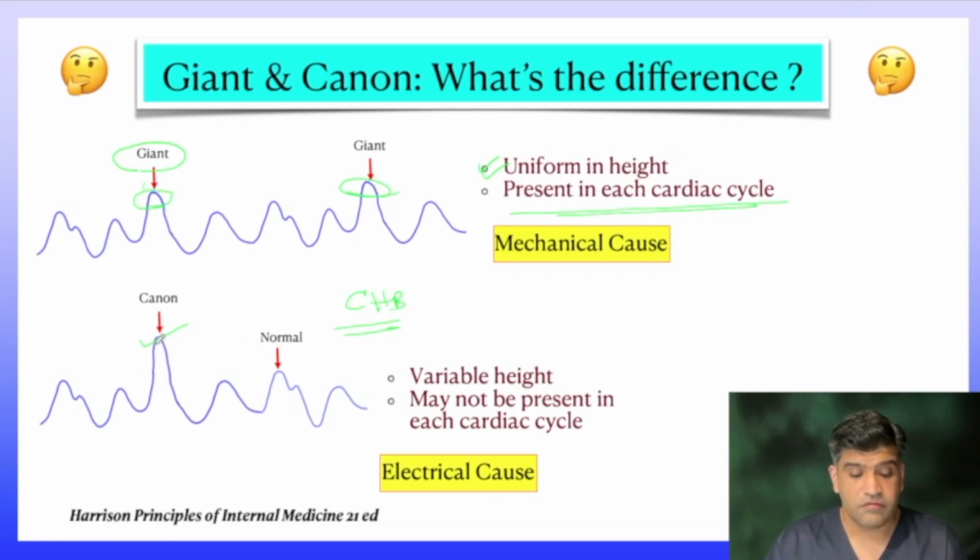So when the RA pushes against a closed tricuspid valve in one cardiac cycle, we will find a CANON A wave. Let's say in the other cardiac cycle, the tricuspid valve was able to open, so we will see a normal A wave. So they are variable in height and they may not be present in each cardiac cycle.